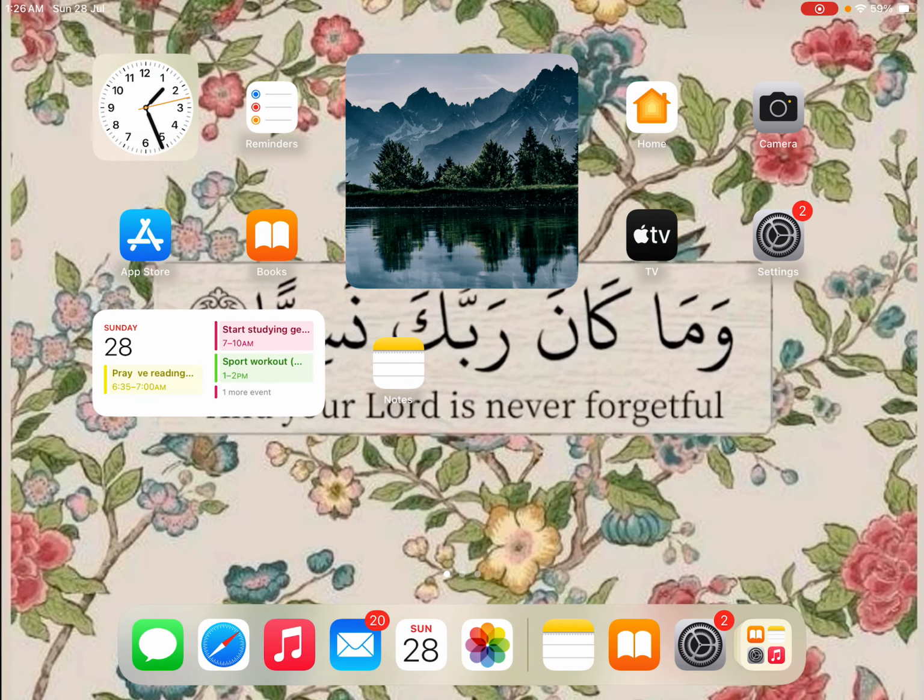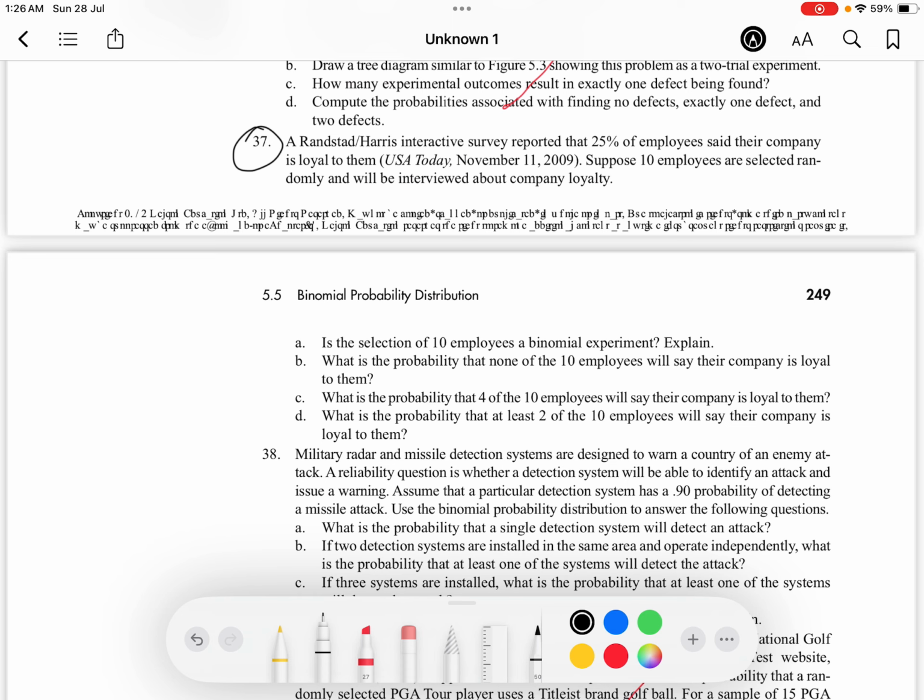Here, the question, part D, what is the probability that at least 2 of the 10 employees will say their company is loyal to them? At least 2.